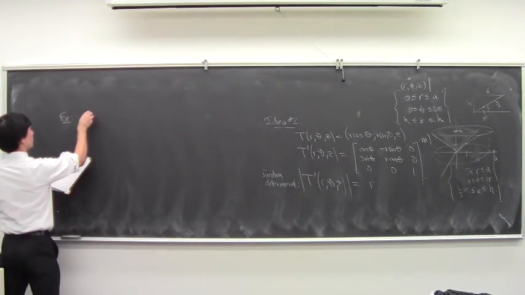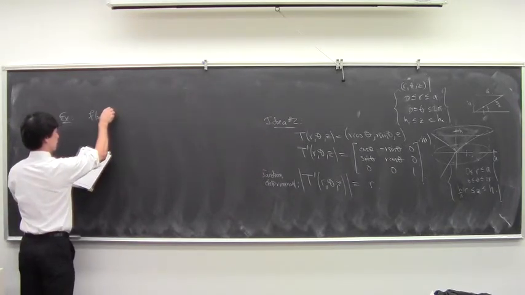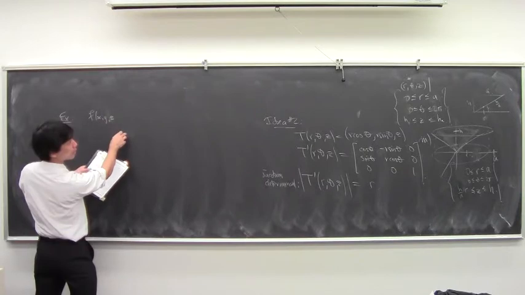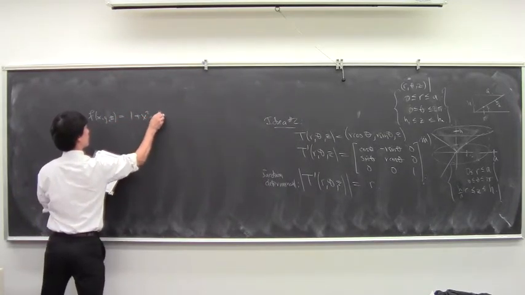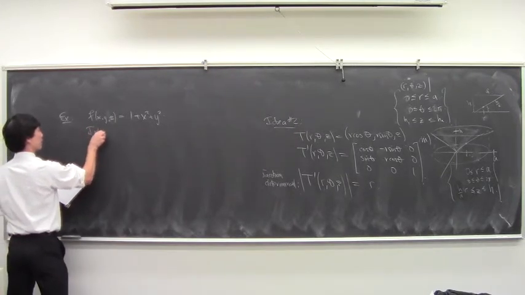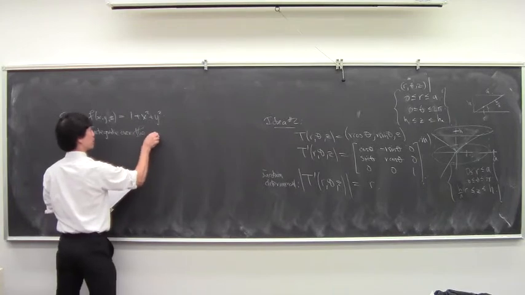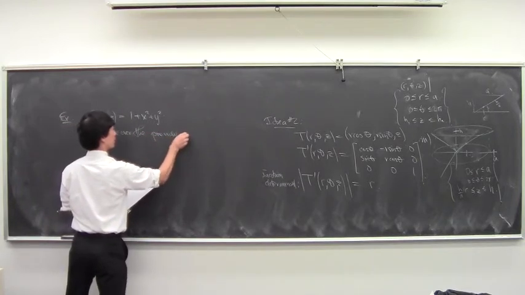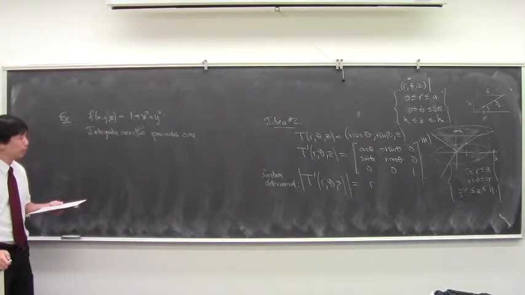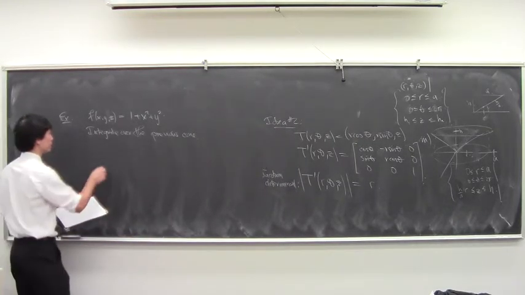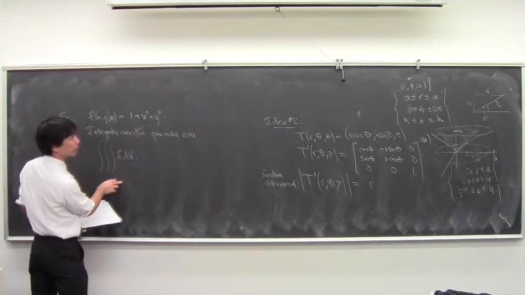So if f of x, y, z is, say, 1 plus x squared plus y squared, and we want to integrate that over the previous cone.